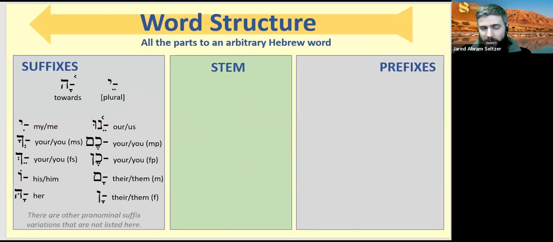What about suffixes? Most of them are pronominal. Most of them tell you who the object is. If it's my horse, susi. If it's his horse, suso. I also included this right here, a plural yod.